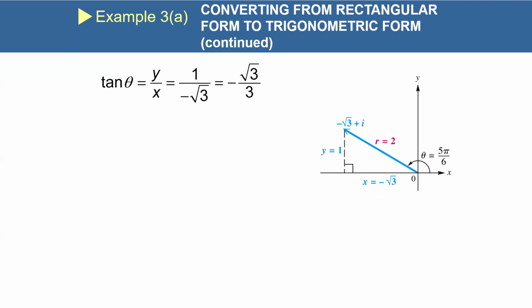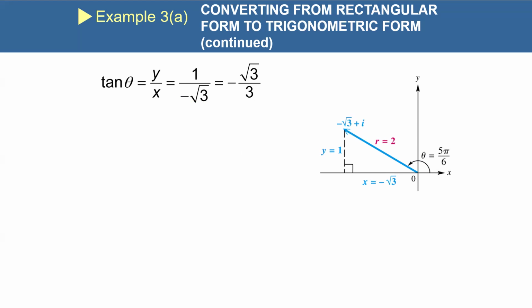Which is why theta equals what? 5 pi over 6. Tan theta equals that, but what is theta? What theta value gives me this? And the answer is, you go back to your unit circle.